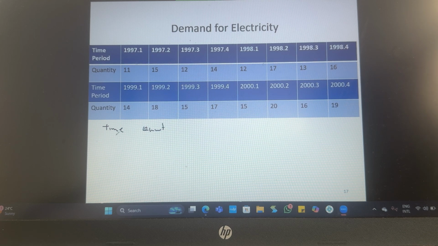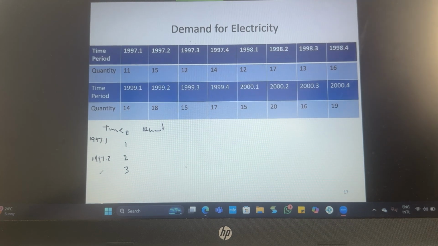For time, you can put here 1997 first quarter, and also put T equal to 1 under the simple T, and 2 is 1997 second quarter, right?